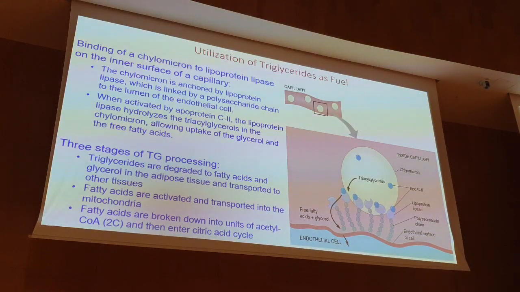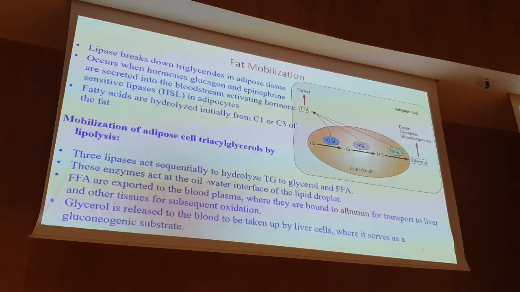You first make the fatty acids, then the fatty acids are turned into acetyl-CoA, which I'll come to in a few slides, and then lastly, the acetyl-CoA can be broken down in the citric acid cycle to give you NADH and 1 molecule of ATP or GTP. This is how we break down the triglyceride now.